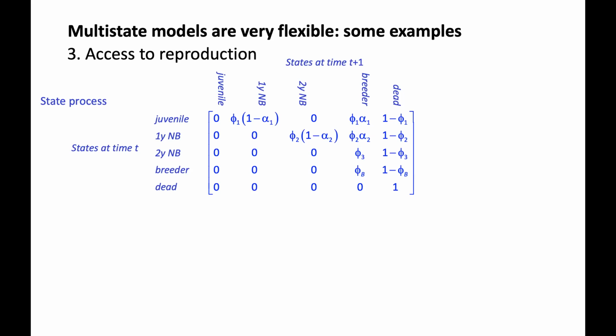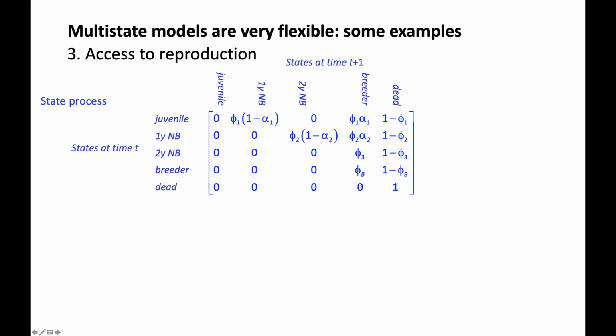The model we would use assumes that at age 3, everybody reproduces, but there is some delay in the accession to reproduction. The states are: juvenile, 1 year non-breeder, 2 year non-breeder, breeder, and dead.